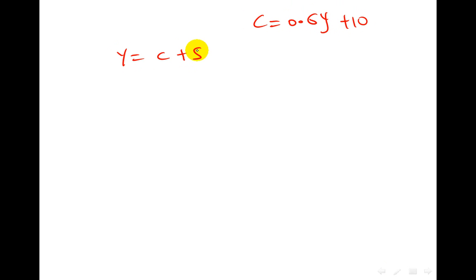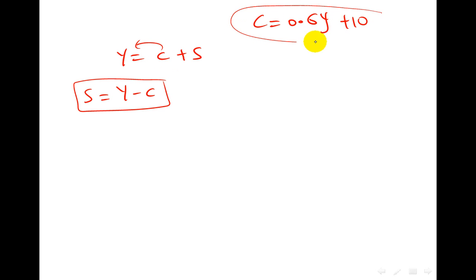So now we want our saving function. The saving will be y minus C. This is our other formula, that saving equals y minus C, and you already know what C is. So S equals y minus C, which is 0.6y plus 10.